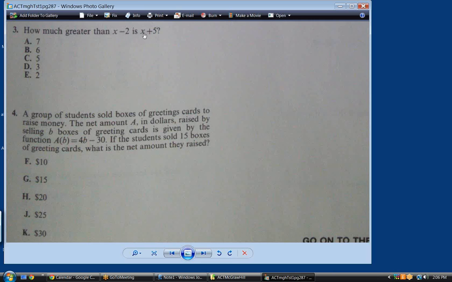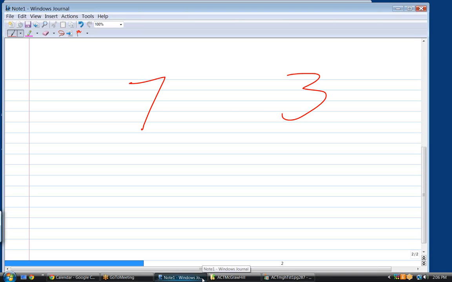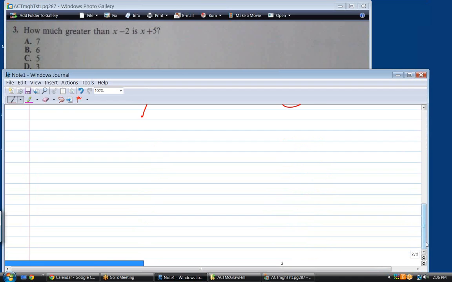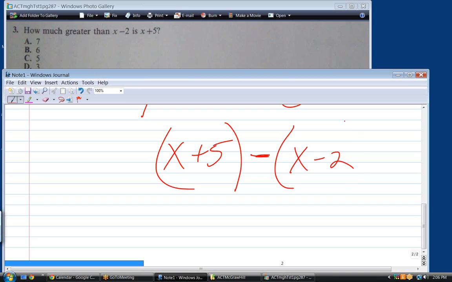So the x plus 5 is the 7, and the x minus 2 is the 3, so I have to subtract. I have to do x plus 5 minus x minus 2. In other words, that's how much greater x plus 5 is than x minus 2.